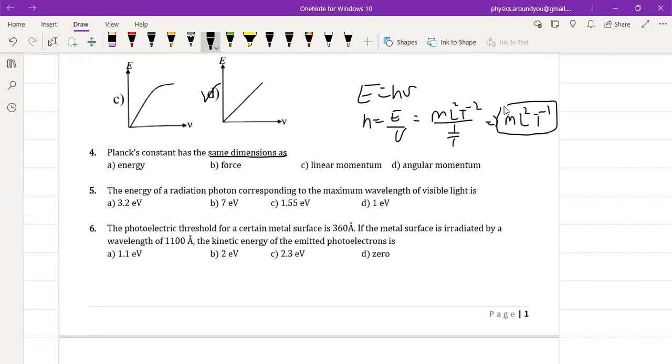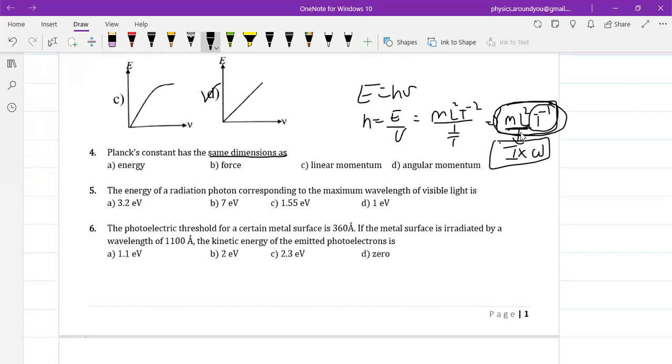What is ML^2 T^-1? If you look at it, ML^2, mr square, it is a moment of inertia, and T^-1 must be 1 by t. 1 by t can be thought of as angular velocity, omega.